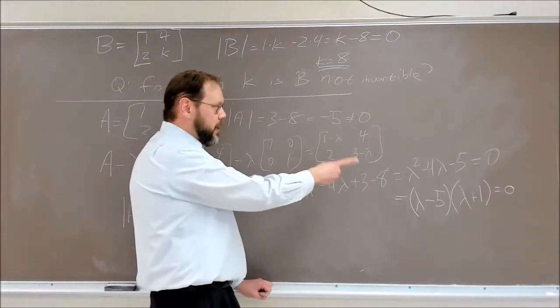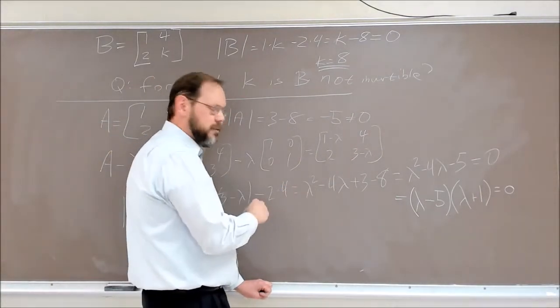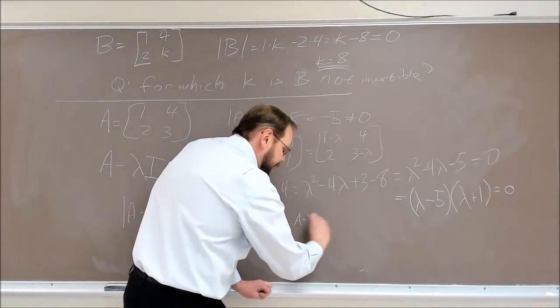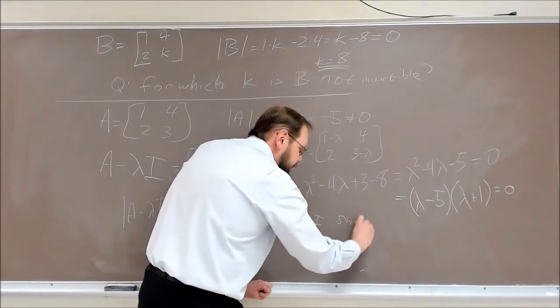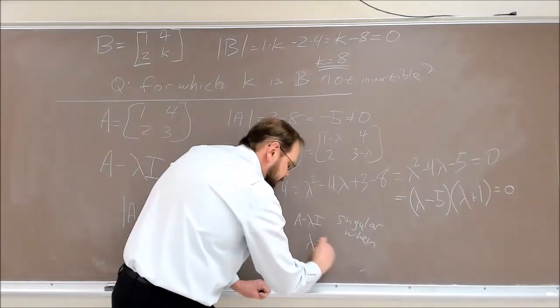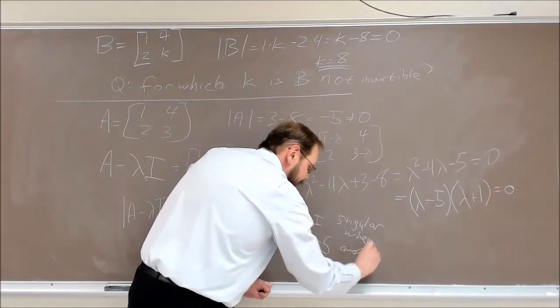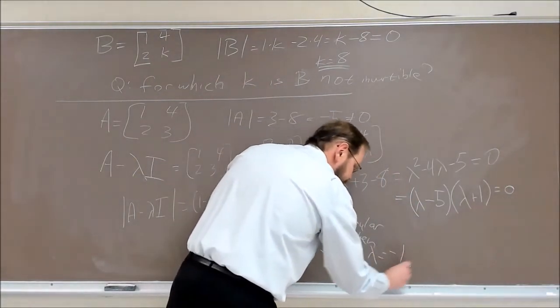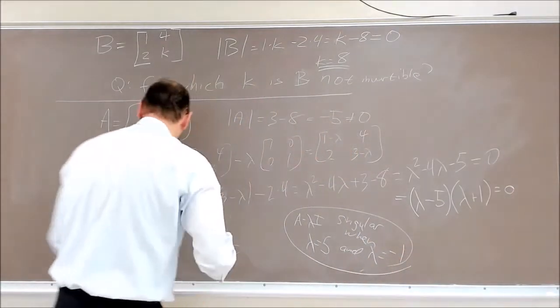And so I see this will be not invertible, it'll be singular. A minus lambda I is singular when lambda is equal to 5, and when lambda plus 1 is equal to 0, so lambda is equal to negative 1.